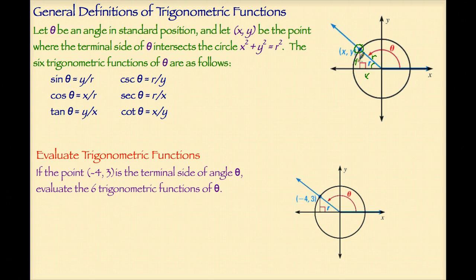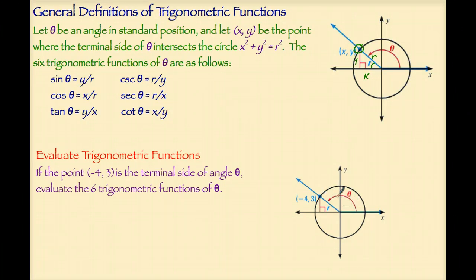Sine of theta would be y over r, cosine of theta, x over r, tangent, y over x, cosecant is r over y, secant, r over x, and cotangent is x over y. So notice with this reference angle drawn, we are able to generate the 6 trigonometric functions from an ordered pair. So let's do that here in this example. If the point -4, 3 is the terminal side of angle theta, evaluate the 6 trigonometric functions of theta.